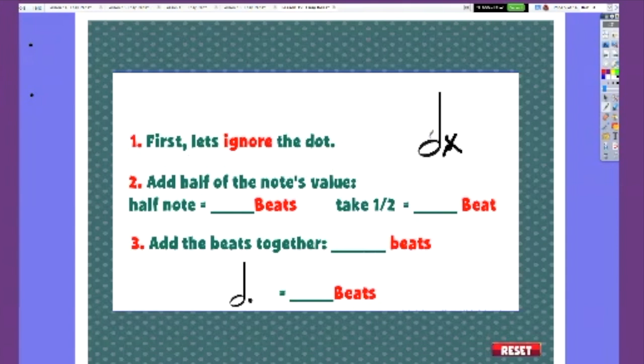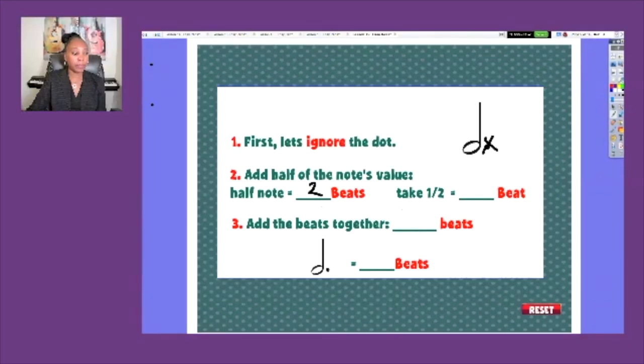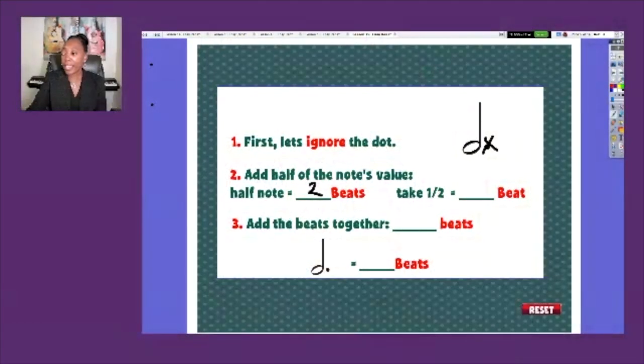The half note gets 2 beats, so we have to take half of 2. If I have 2 fingers and take half, I'm left with 1. So I'm going to put 1 here. Half of 2 is 1.